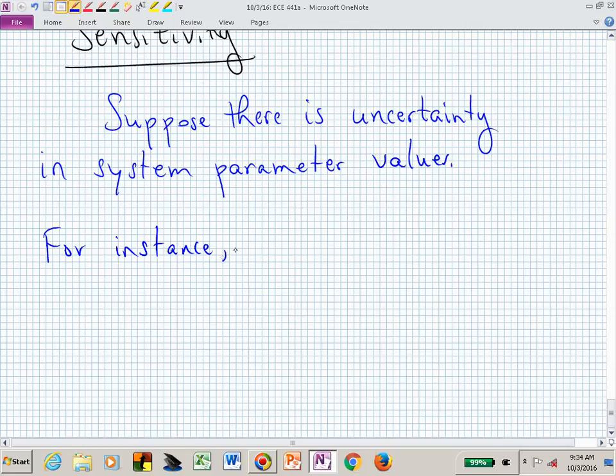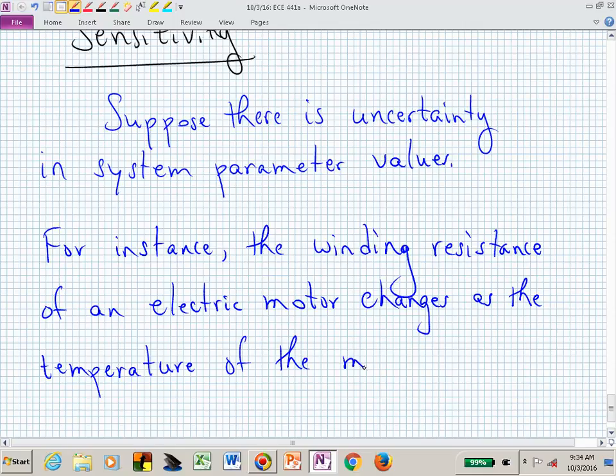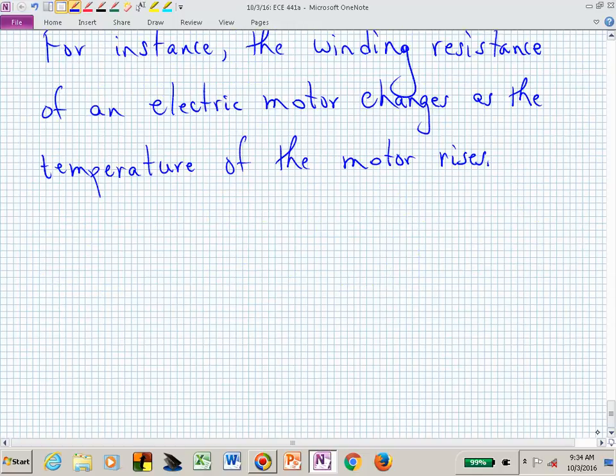For instance, the winding resistance of an electric motor changes as the temperature of the motor rises as the motor is on for a while.